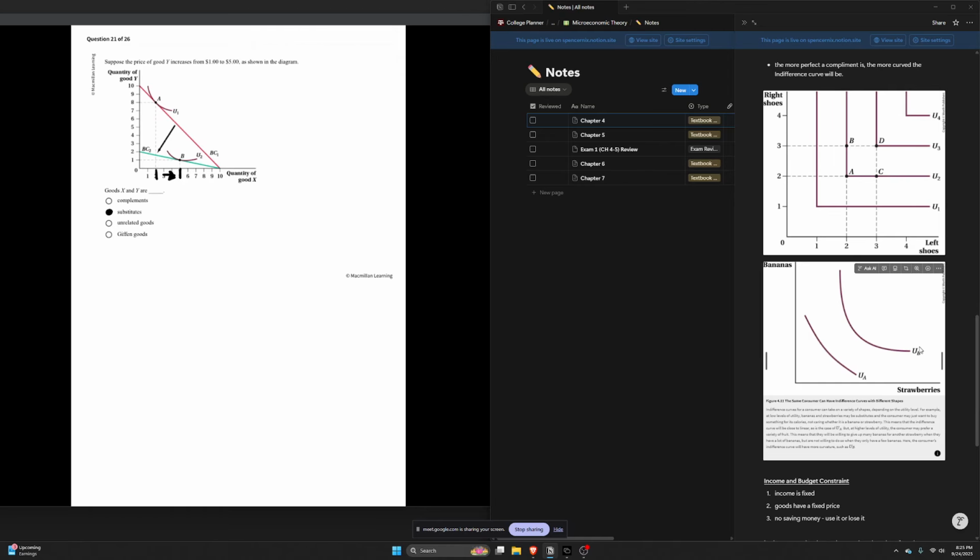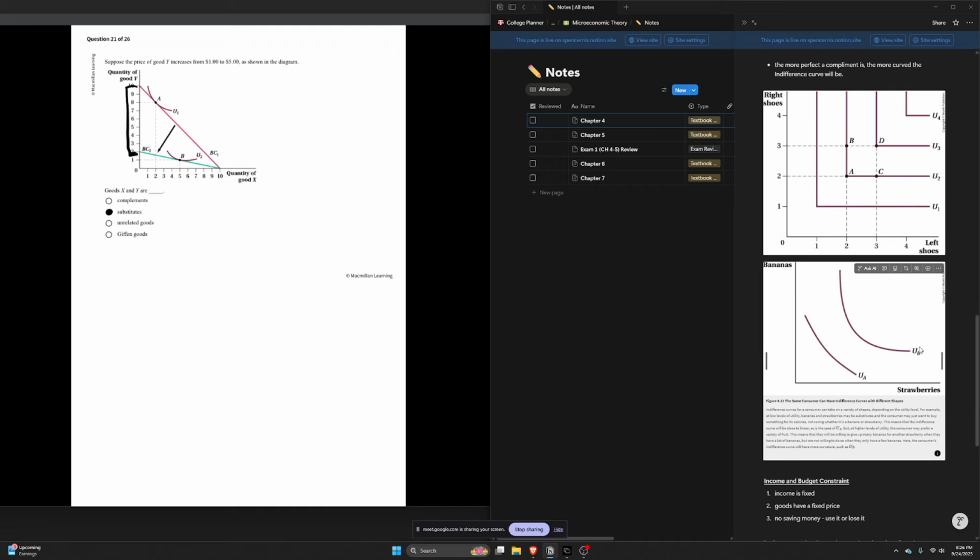All right, suppose the price of good y increases from 1 to 5 as shown in the diagram. Goods x and y are what? We can see that if the price of good y increases, we can buy way less of it, so is my consumption of x going up or down?